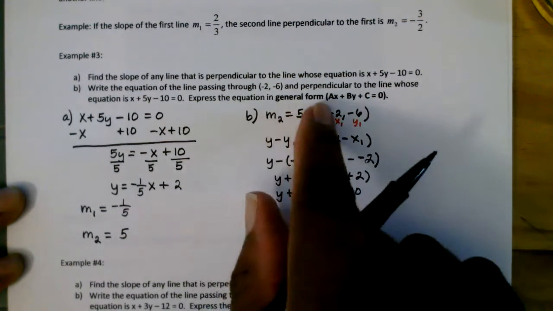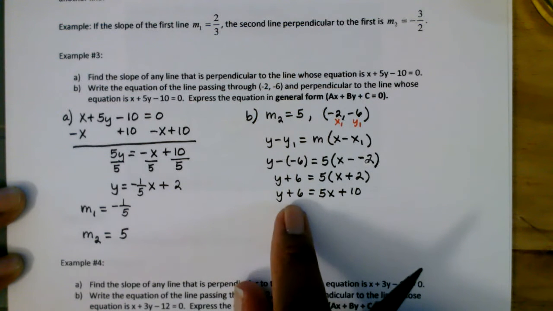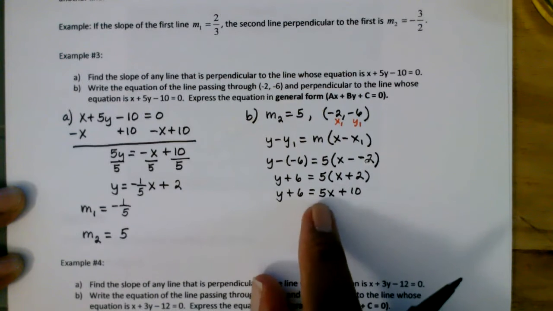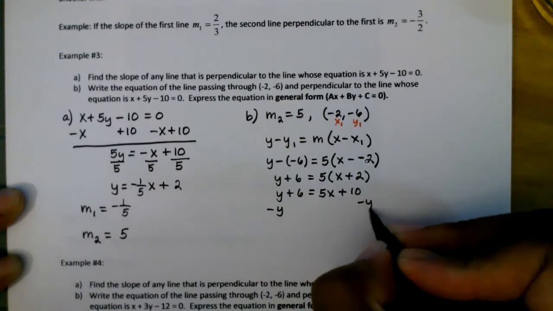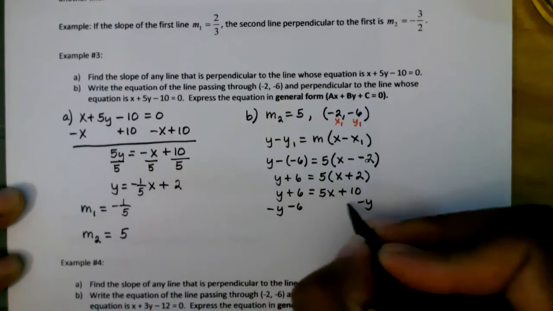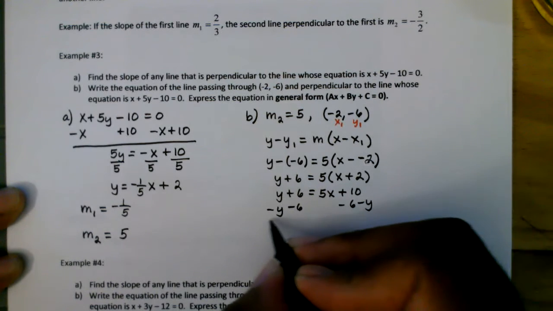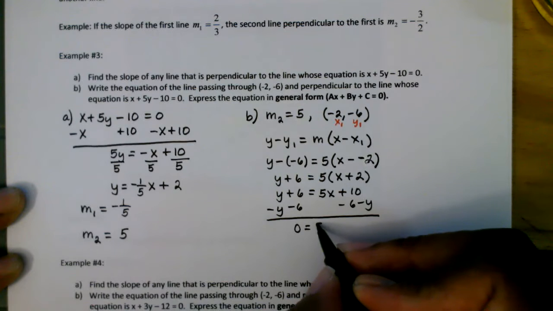Now, they want us to express the equation in general form, meaning I need to move all the terms to one side and have a 0 on the other side. Let's move the y plus 6 over to where the 5x plus 10 is. And I'm doing that because I don't want this 5x to be negative. So let's move the y over by subtracting y, and let's move the plus 6 over by subtracting 6. So I have a 0 on this side. This will be 5x.